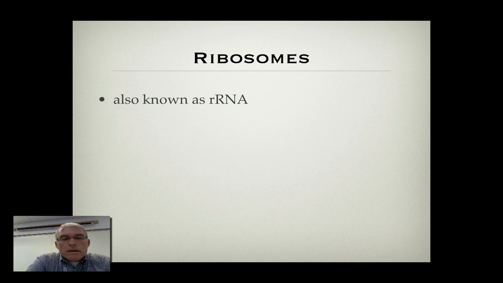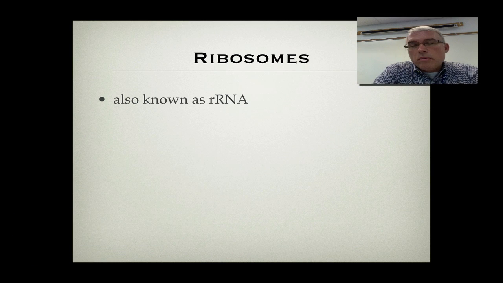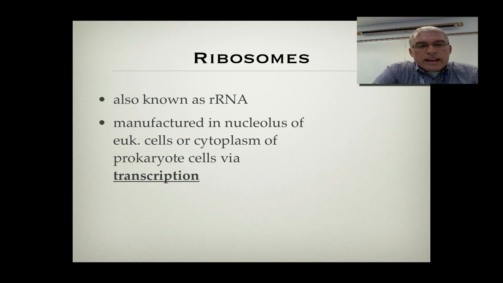Ribosomes, as I said, are the ribosome factories for cells, and of course ribosomes are important in protein synthesis. Another name for ribosomes is rRNA, little r, which means ribosomal RNA. And it's the place in the nucleolus where DNA is being transcribed into material that's going to become ribosomes.